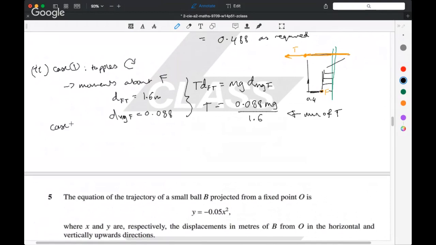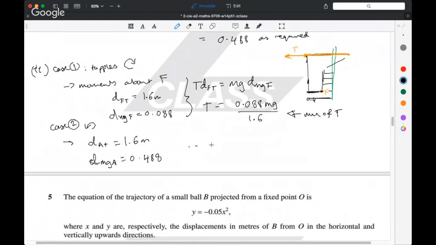Now case two, going that way, moments about A. Well, the distance from A to the line of action of the tension is the same. It's just 1.6. And now the distance from A to the line of action of mg is this full distance here, 0.488.